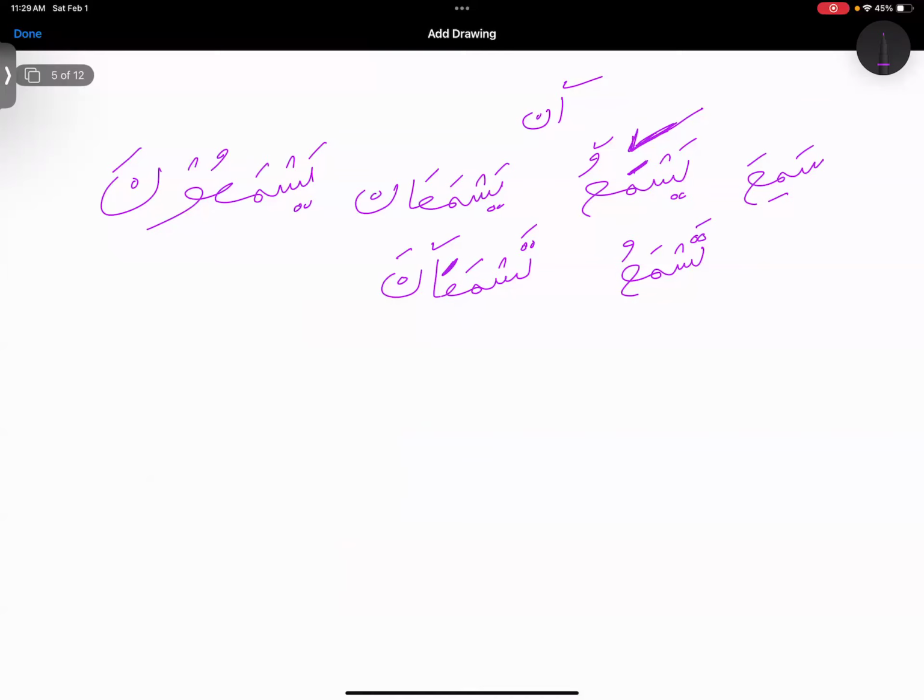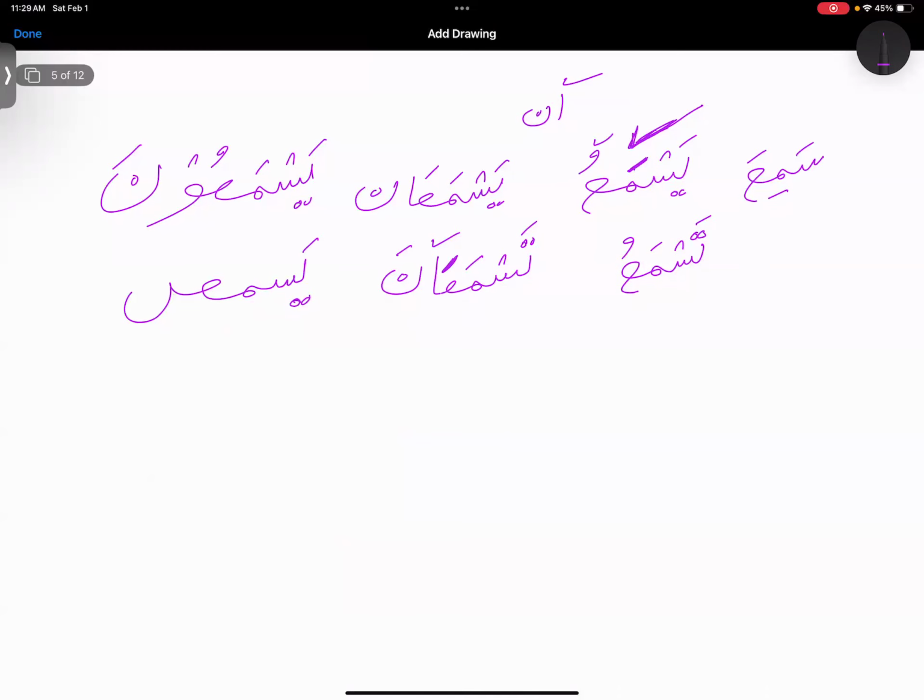Then hunna: yasma'na. Whenever you are struggling with hunna, always write the huwa version, add noon, and remember that before this noon I need to have a sukoon.